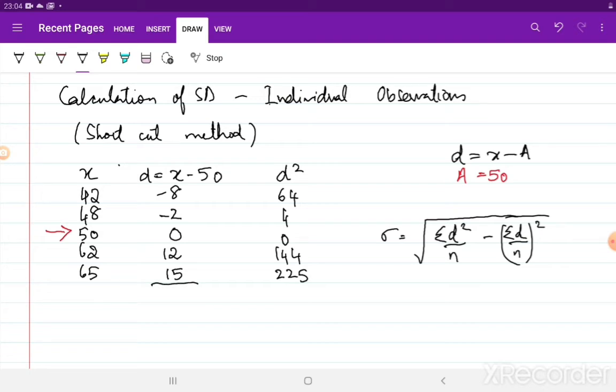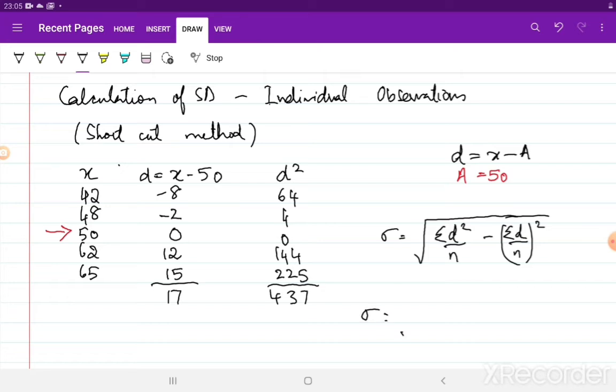Summation d comes out to be a small value because the top two values are negative, so that's 17. Summation d square will be positive and it will come up to be 437. Your number of observations n is equal to 5.